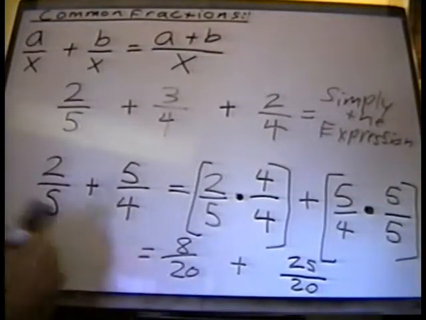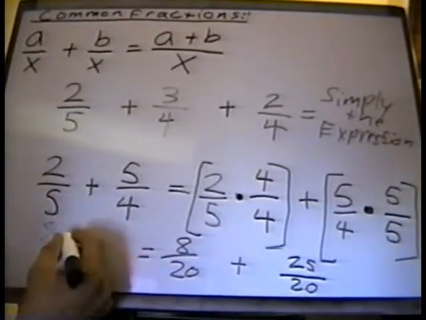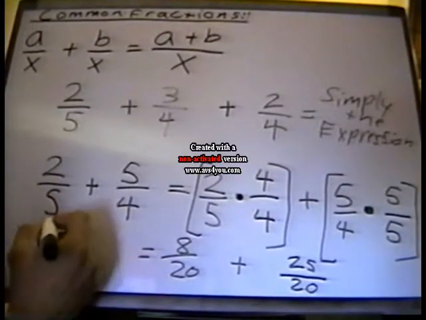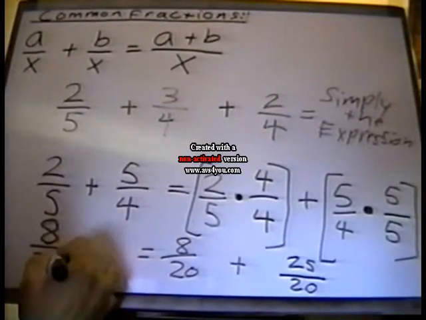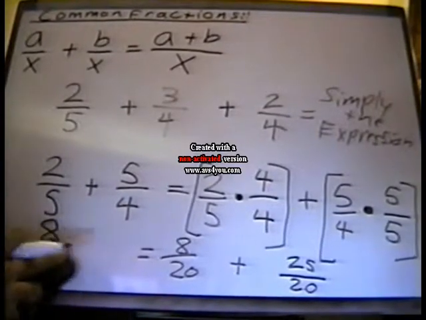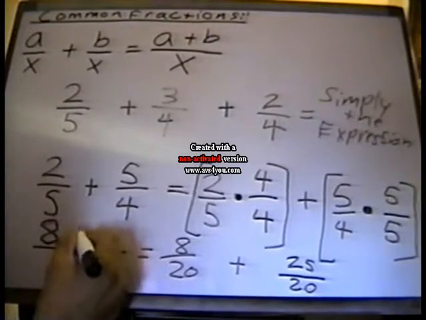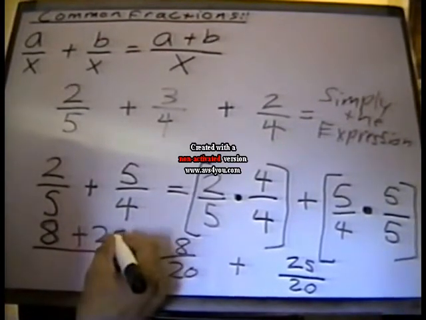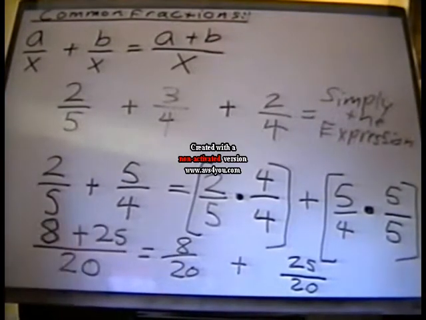Okay, so we get 8/20, or excuse me, we get 8 plus 25 over 20. Right?